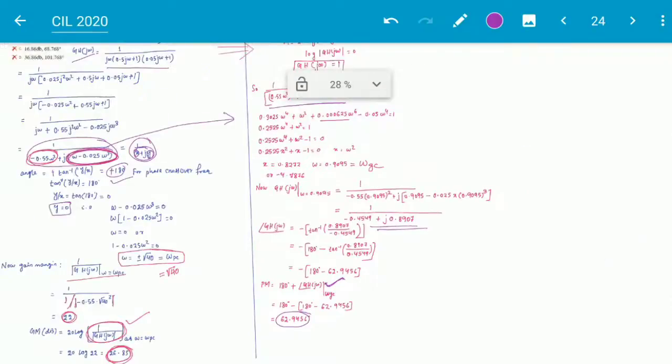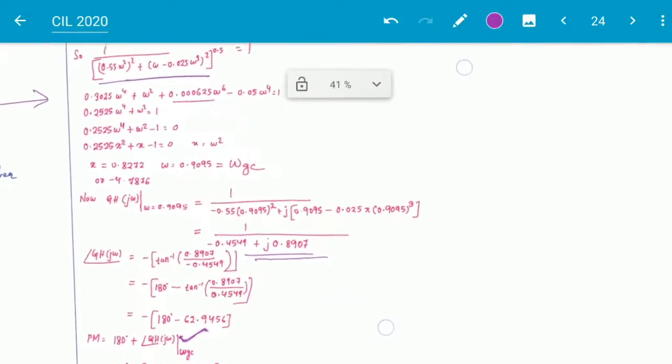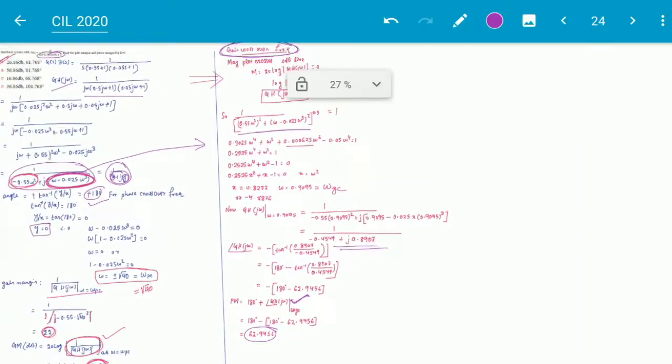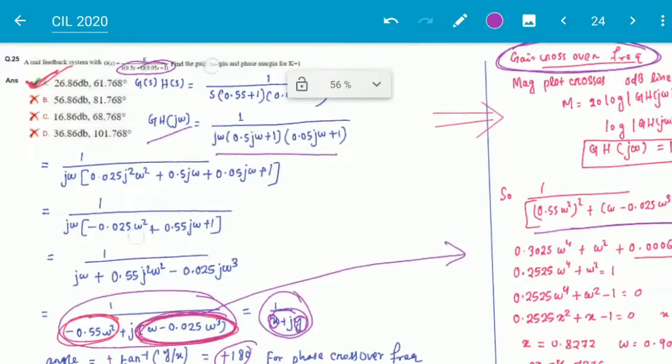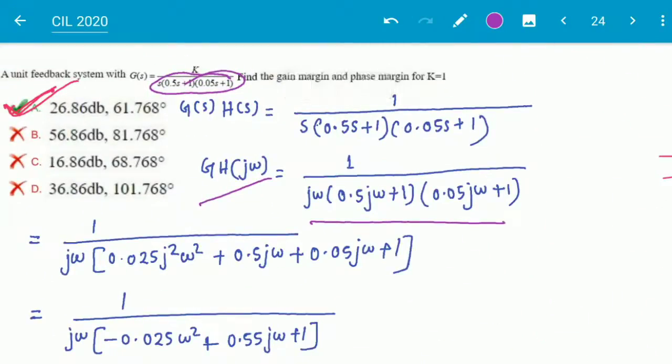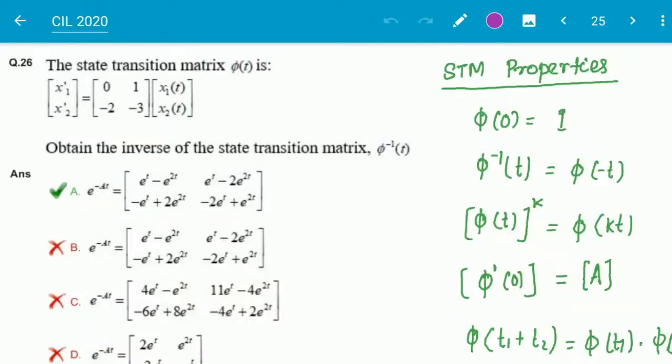If we want to take the screenshot, this will be the proper one for this, and in the option this is given as 61.768.